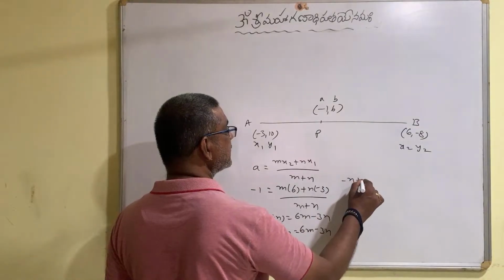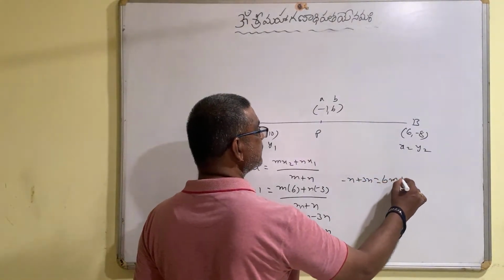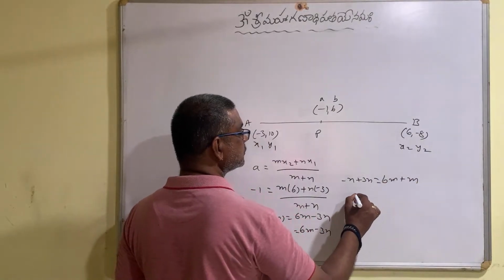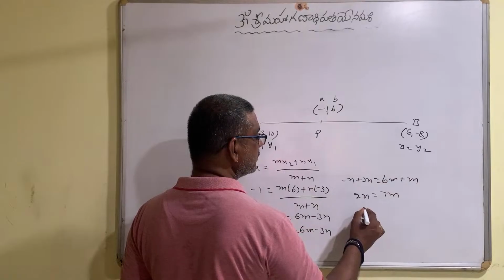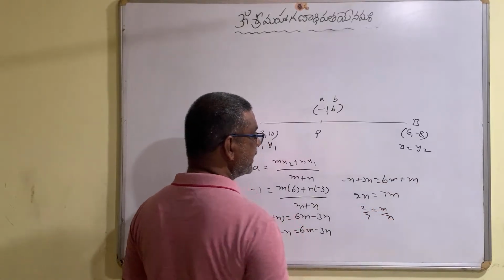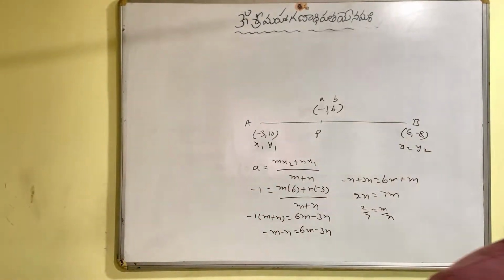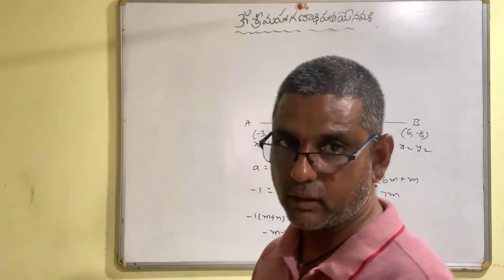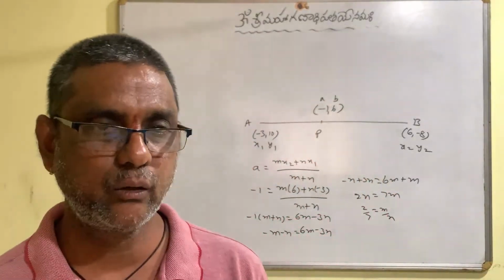So minus n plus 3n is equal to 6m plus m. So 2n is equal to 7m. So m by n is 2 by 7. So the ratio is 2:7.